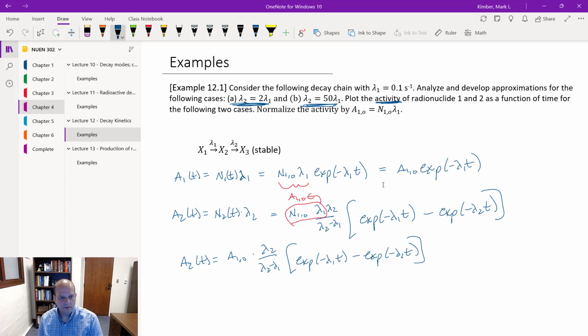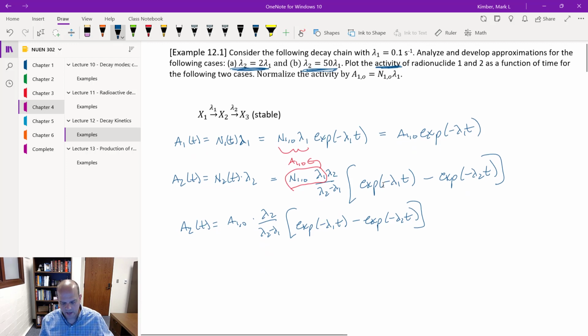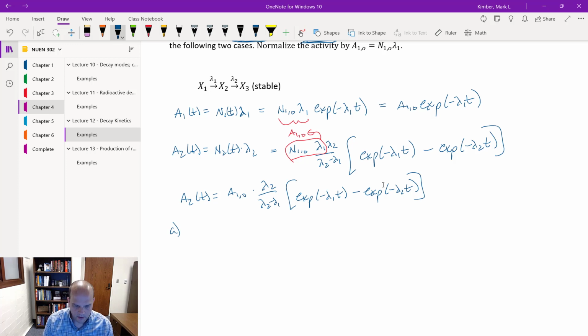Let's look at these cases now. For case A, as we have lambda 2 equal to 2 lambda 1, none of this affects the activity of isotope number 1, but it does affect the activity of isotope number 2.